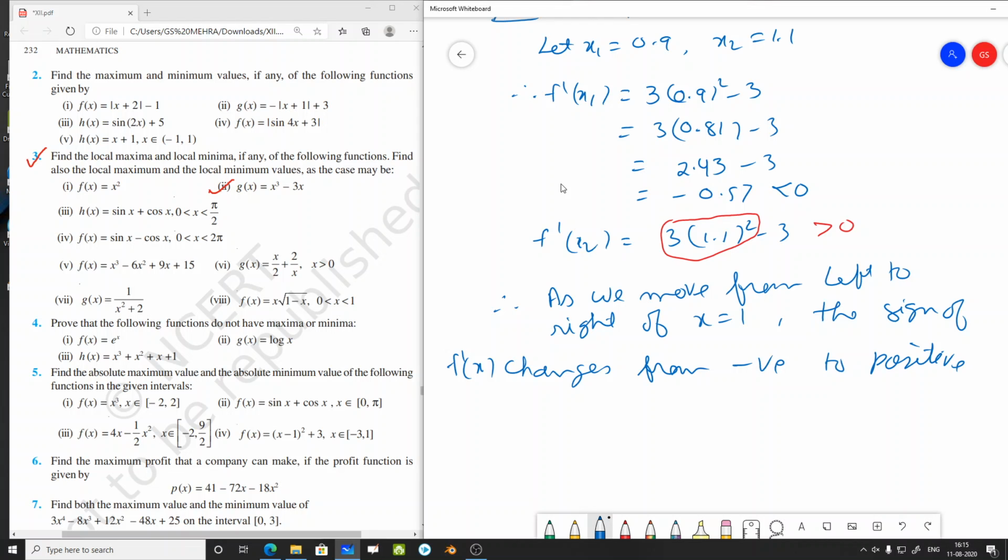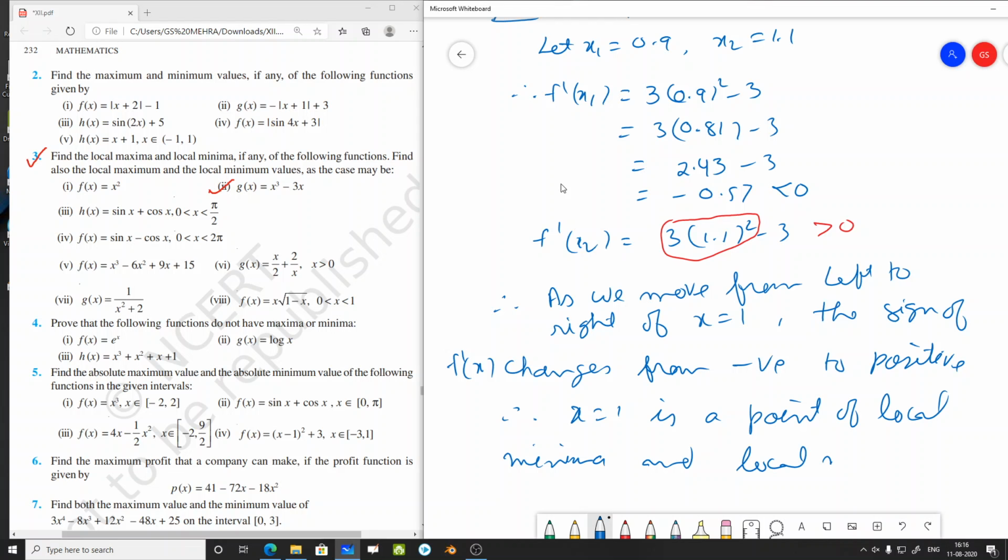Therefore, according to the first derivative test, x equal to 1 is a point of local minima. What is the local minimum value?